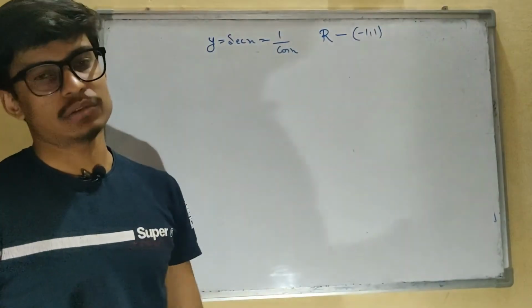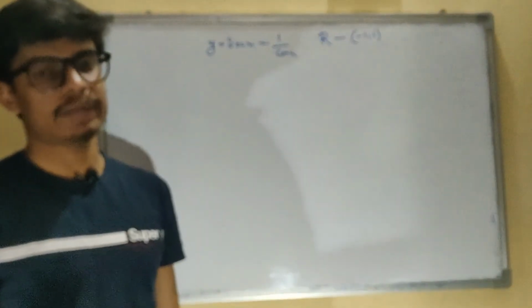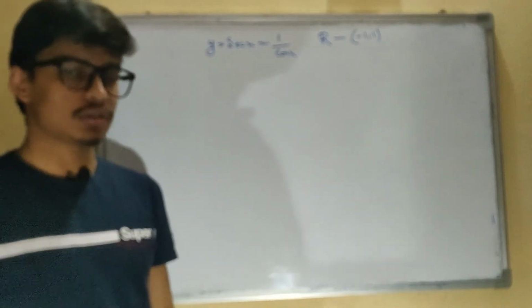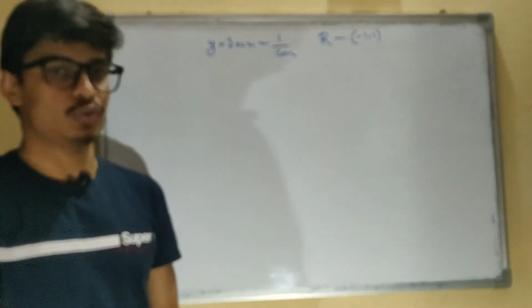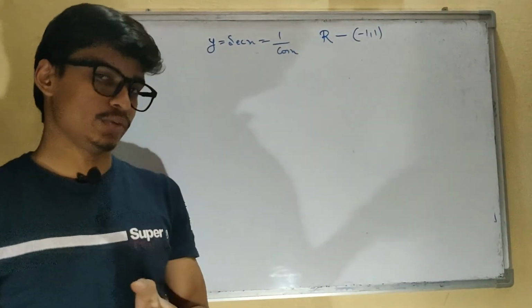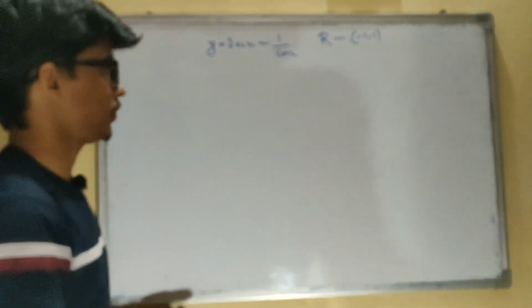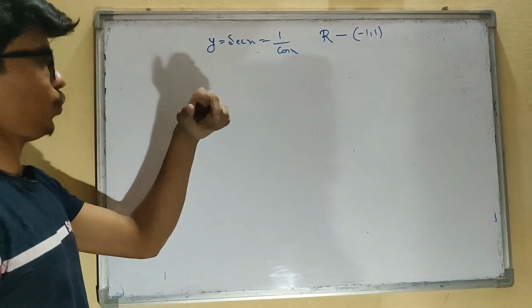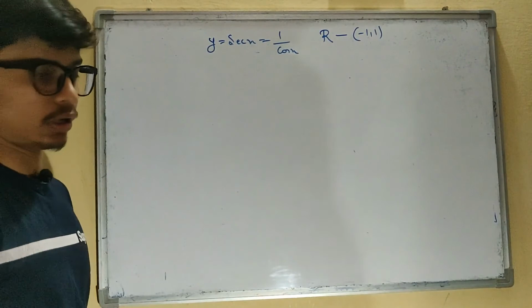It can attain the values -1 and 1, but it cannot attain any value between -1 and 1. So this is your task: ask yourself why it is not possible for sec x to attain values between -1 and 1. Please do it by yourself. Using this you can understand how the graph will look.